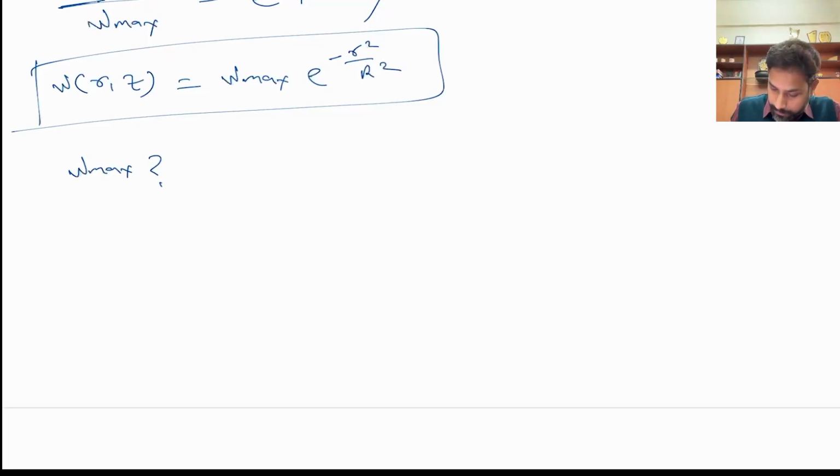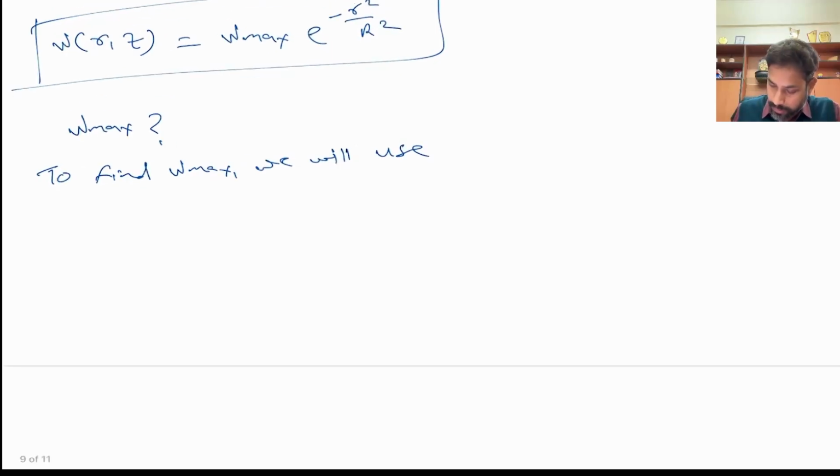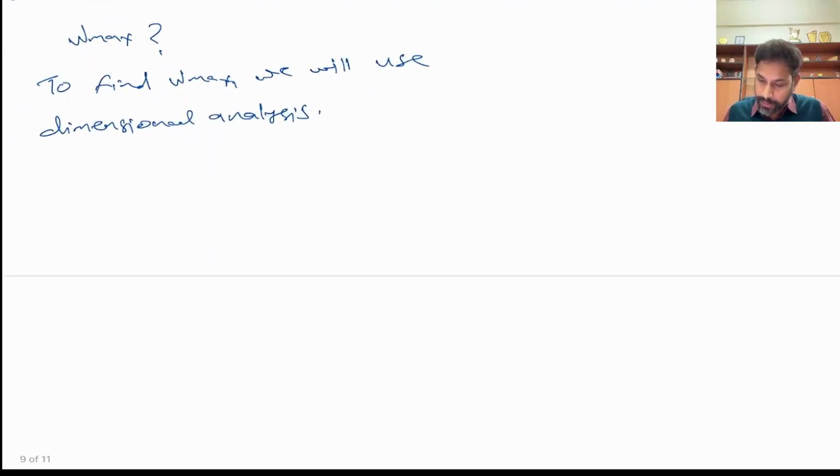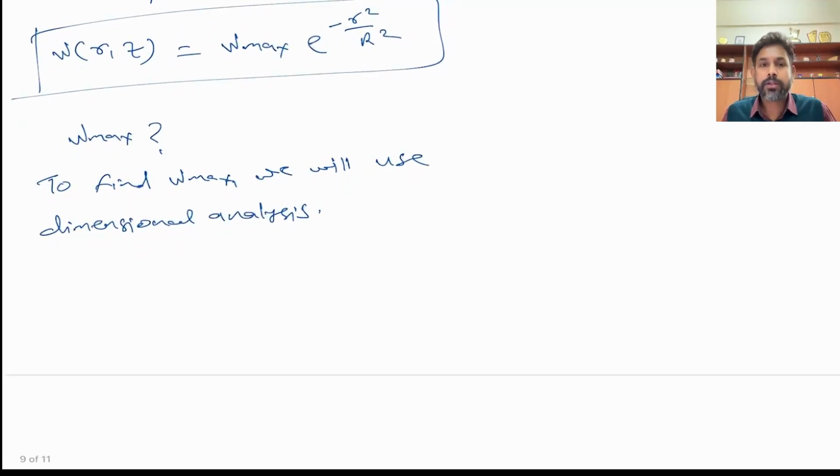So to find w max, we will use dimensional analysis. Okay, we will use dimensional analysis, and to be able to do that, let's start with considering what all parameters the plume is dependent on.